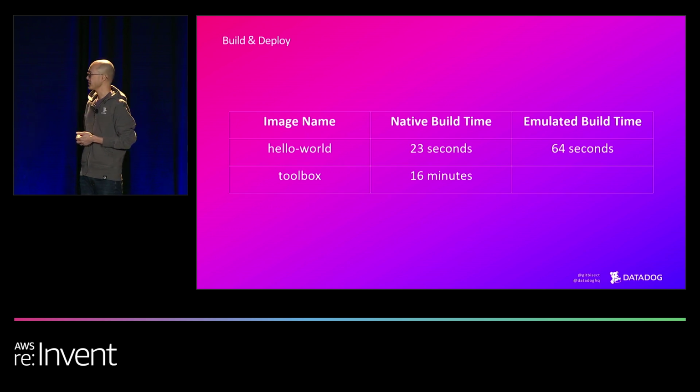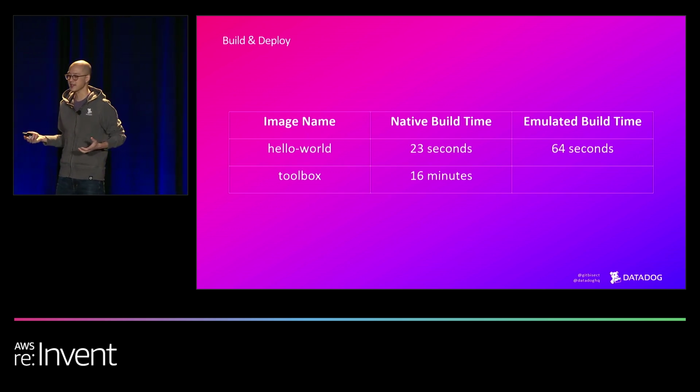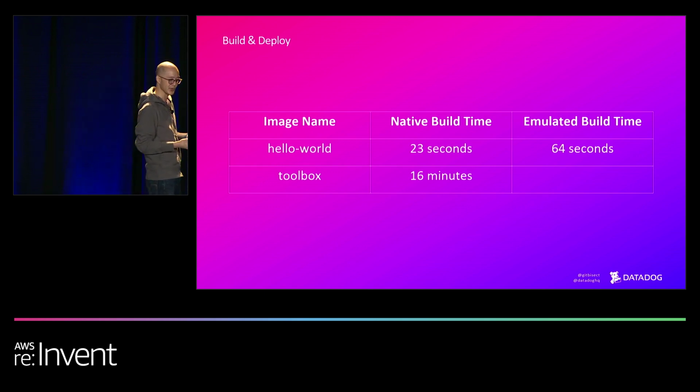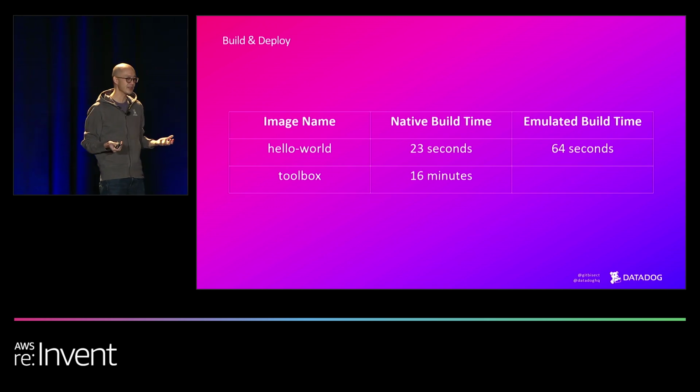Let's try that with something in the real world. We have a toolbox image that provides a lot of tools and frameworks that our developers can take advantage of, and we use this for a lot of our services. Normally, that runs in about 16 minutes. So again, we're thinking, well, 2.5 times, or maybe like 45 minutes.